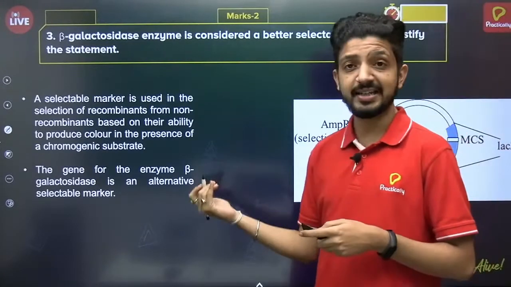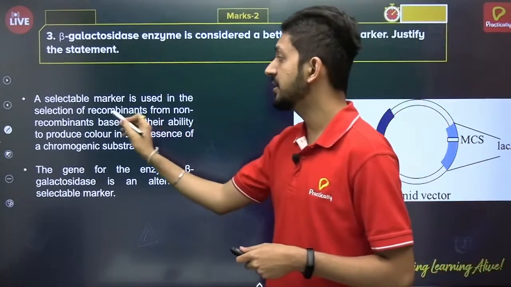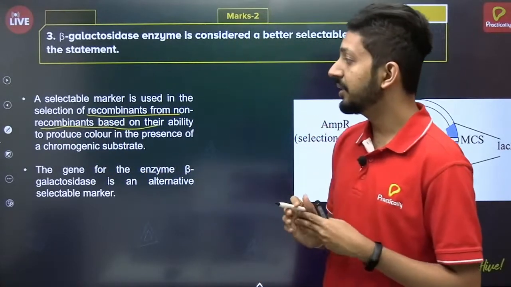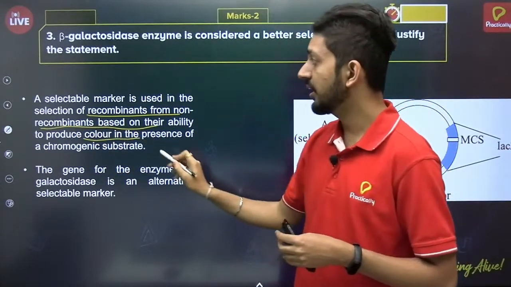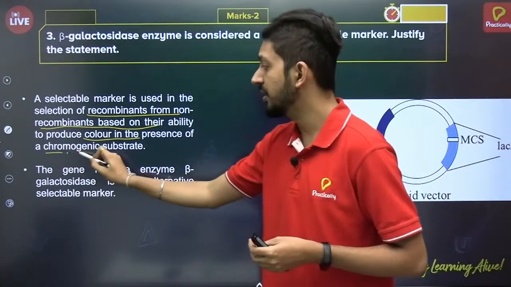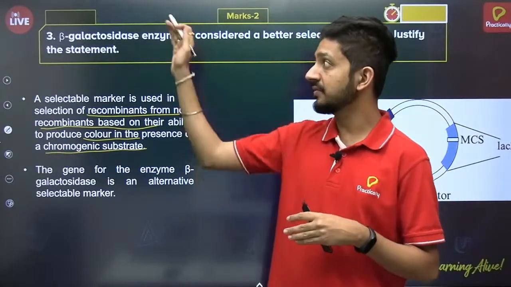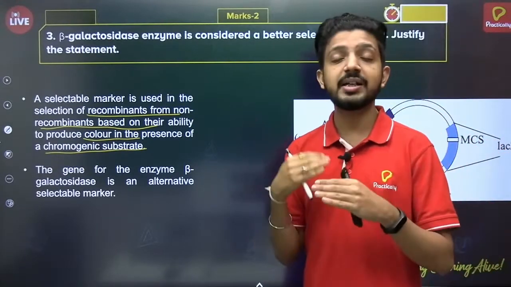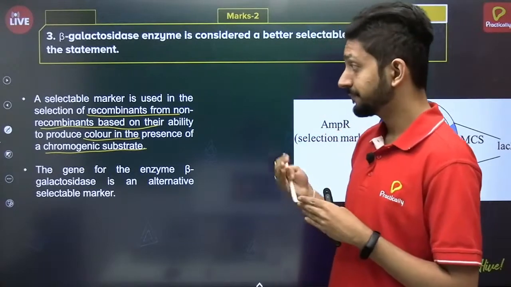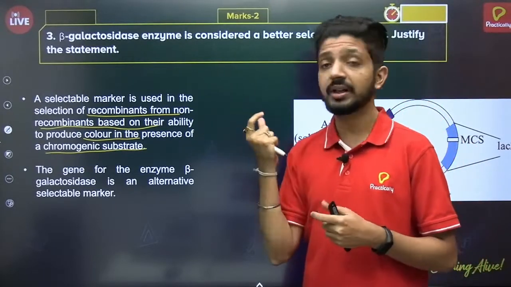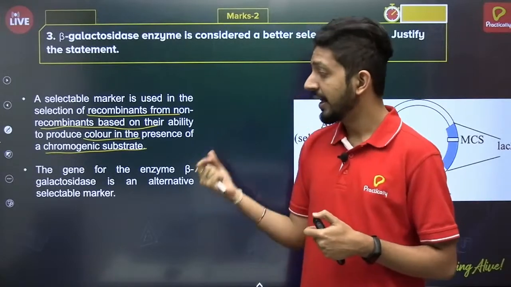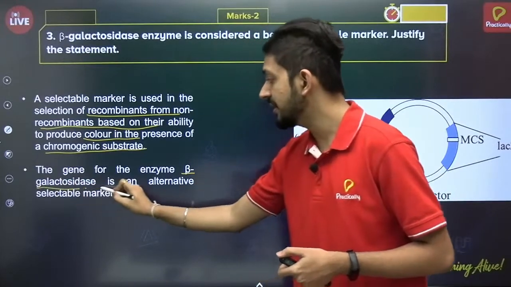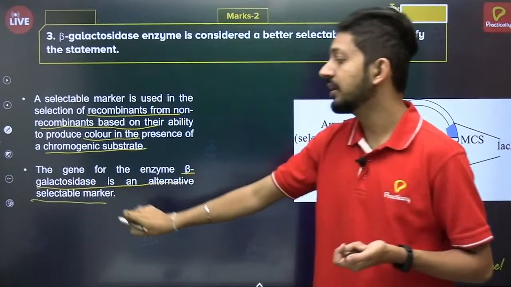So yeah, as I said, selectable markers are used in selection of recombinants from non-recombinants based on their ability to produce a color, okay, in presence of a chromogenic substrate. This is the mechanism which the beta galactosidase enzyme follows, that it differentiates the recombinant from non-recombinants by producing a particular color in presence of a chromogenic substrate, and the gene responsible for the enzyme beta galactosidase is actually an alternative selectable marker.